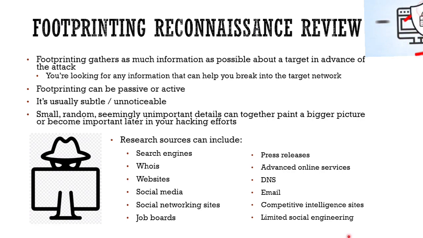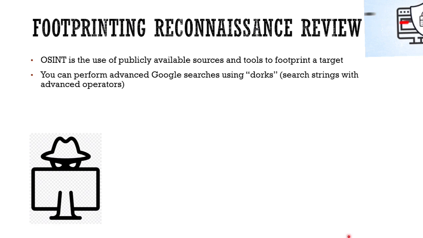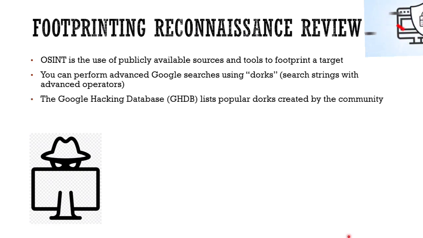OSINT is the use of publicly available tools and information. So you scour the internet for stuff that's already out there about your target. You could use advanced Google searches using specialized strings called dorks. These are strings with advanced operators. The Google Hacking Database will list popular dorks that have already been created by the community.